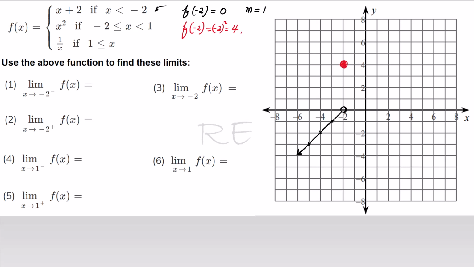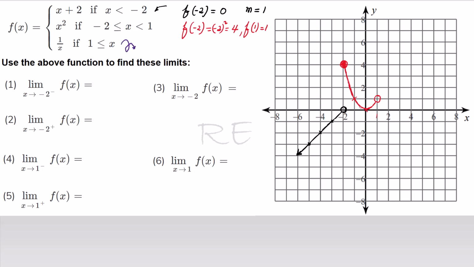And f of 1 is not included. f of 1 is 1, but it's not included, so 1 is an empty circle. Now f of 0 squared is 0, and f of -1 squared is 1. We connect the dots, we have a parabola. Here we go. So we sketch a parabola between -2 and 1.